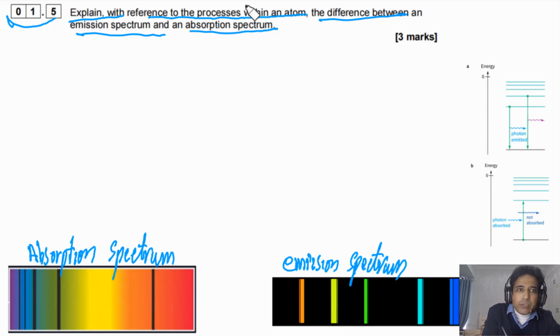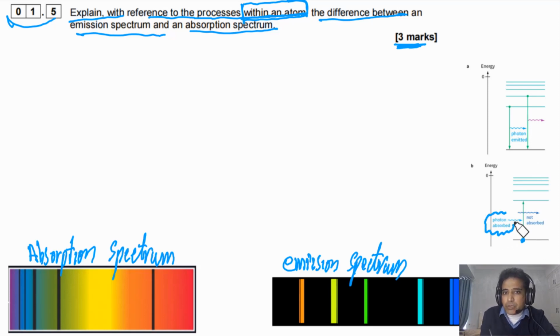For this question, we need to explain with reference to the processes within an atom, meaning what is happening inside the atom. And this question has 3 marks. For absorption spectrum, when the light is coming, certain photons are coming. If the energy of the photon is equal to the energy difference between these two energy levels, this photon will be absorbed.